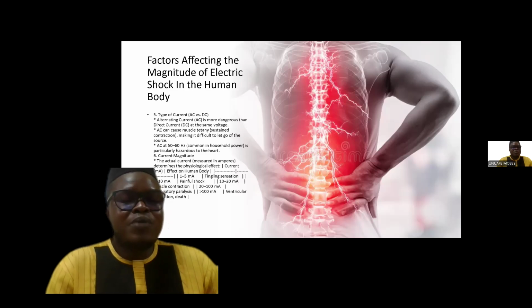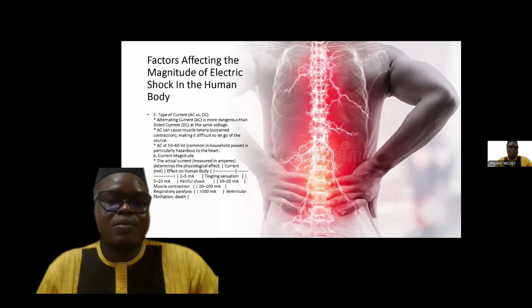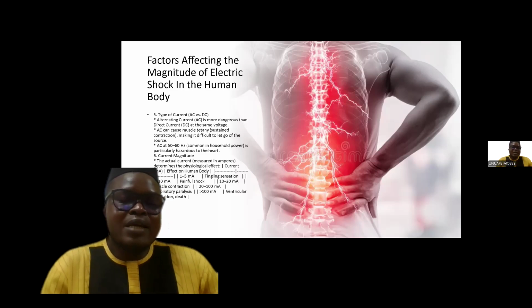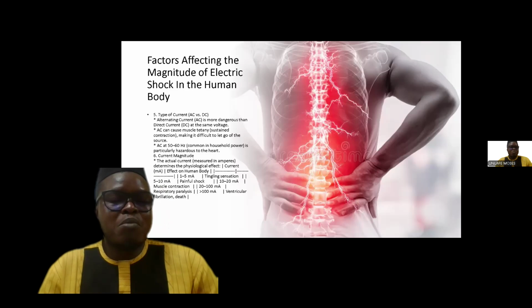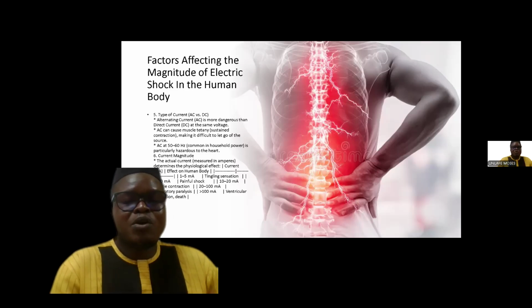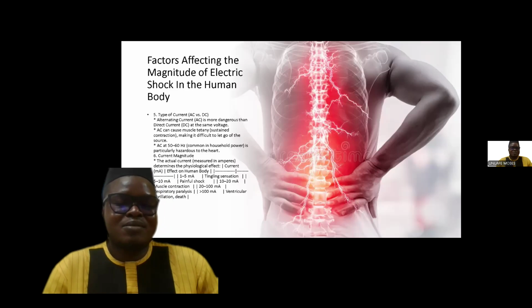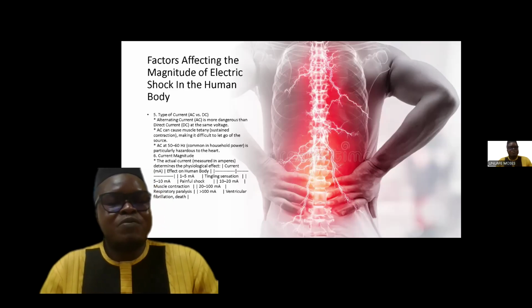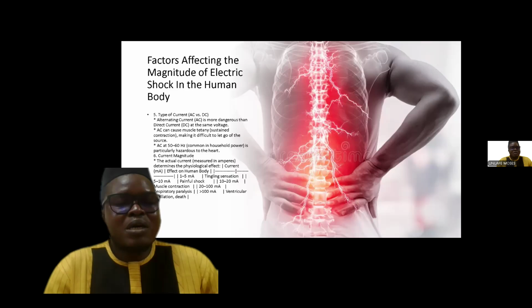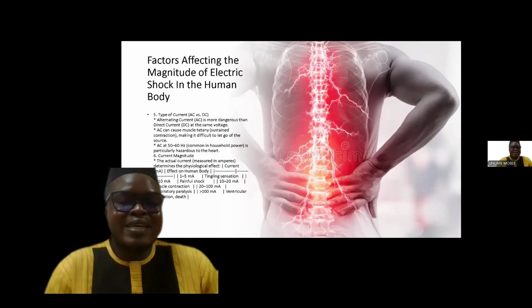Then from 5 to 10 milliamps is a painful shock. Then from 10 to 20 milliamps is muscular contraction. Then from 20 to 100 milliamps is respiratory paralysis. And when it is above 100 milliamps, it is ventricular fibrillation or death.